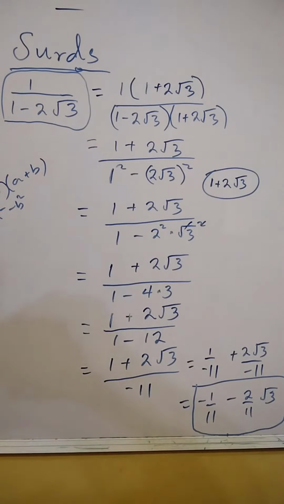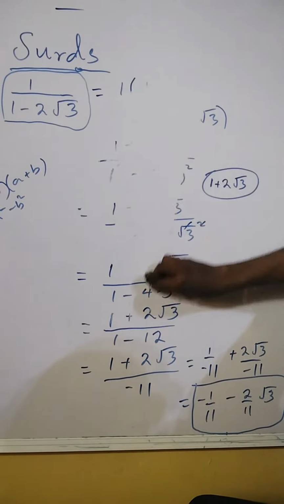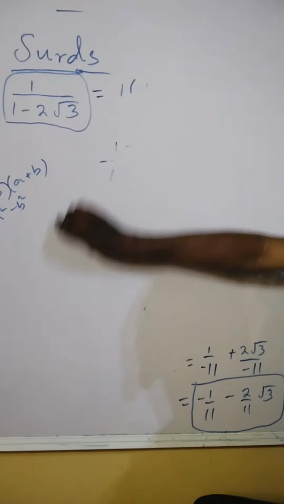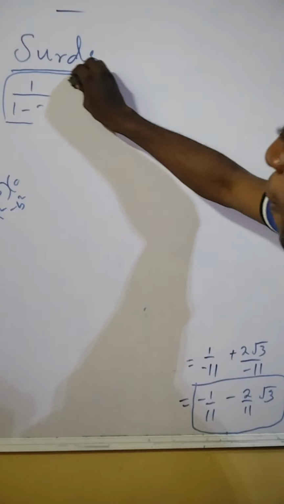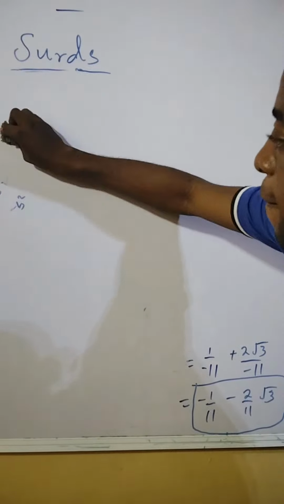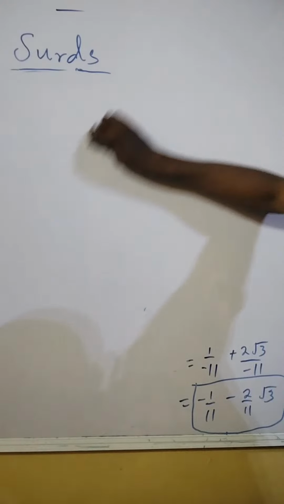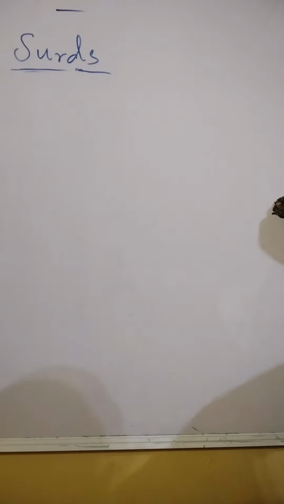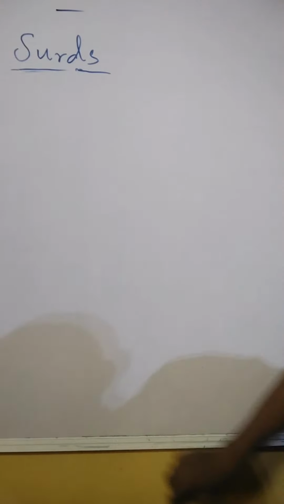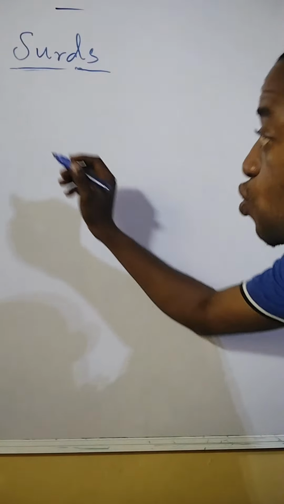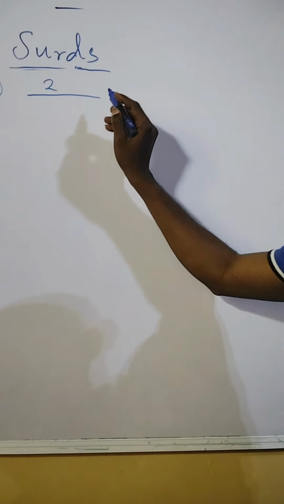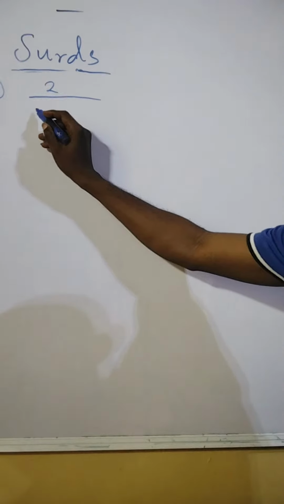So you look at number 2 question, and for that number 2, we have 2 divided by root 2 plus root 5.